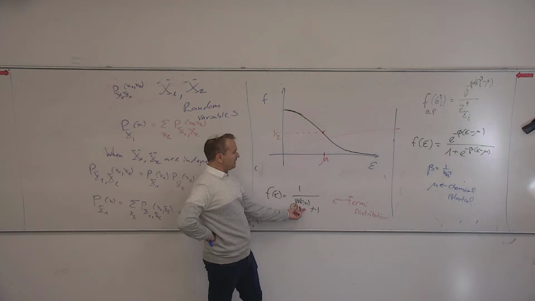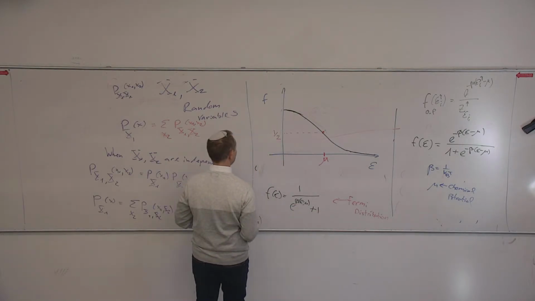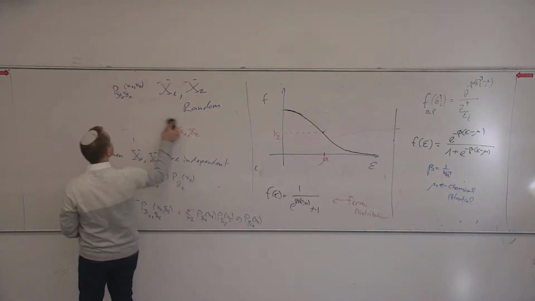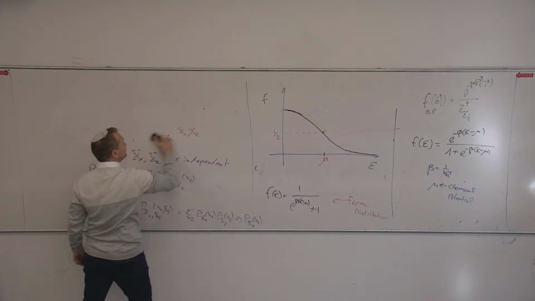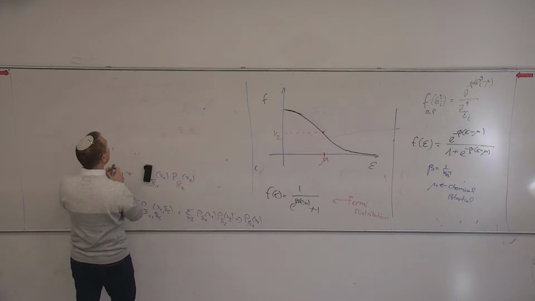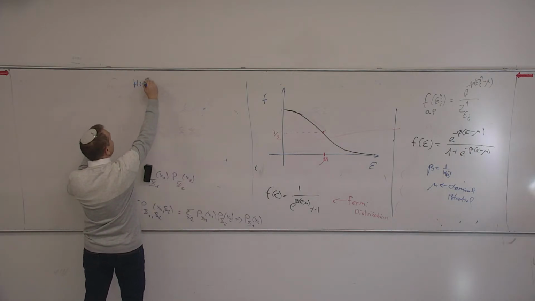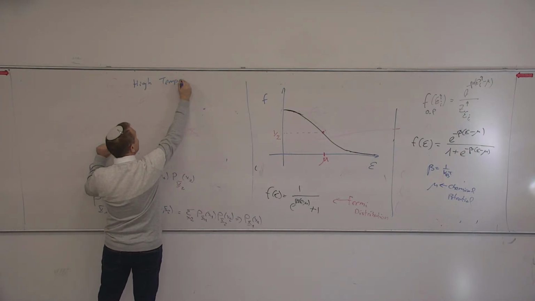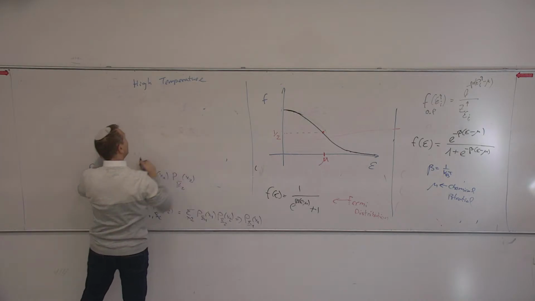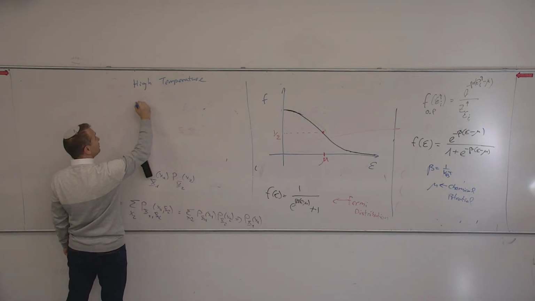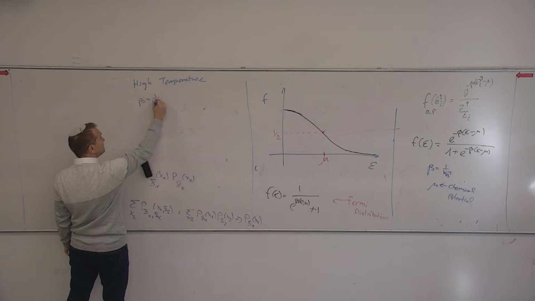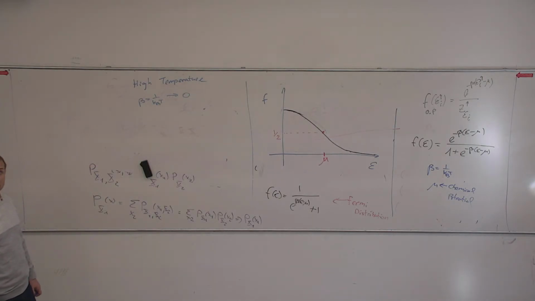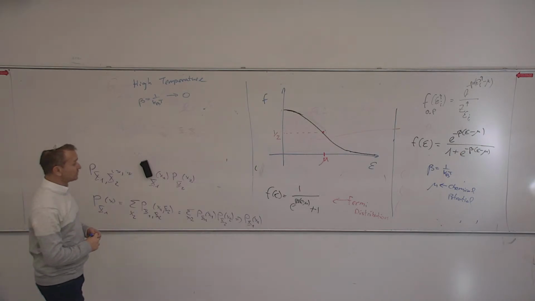I'm sorry, the temperature is plotted over here, mixed up a little bit. High temperatures, high T. For high temperature, beta equals 1 over k Boltzmann T goes to 0.